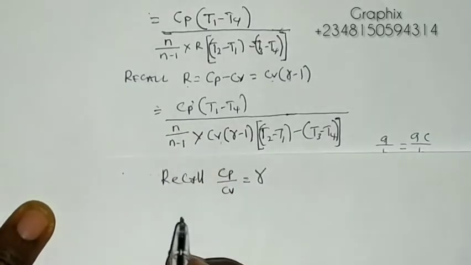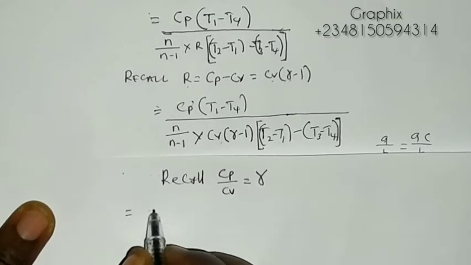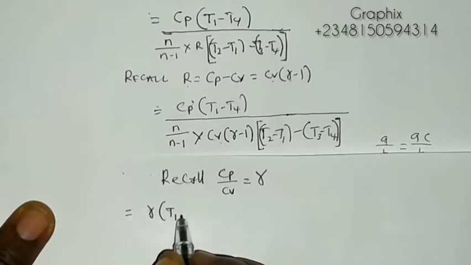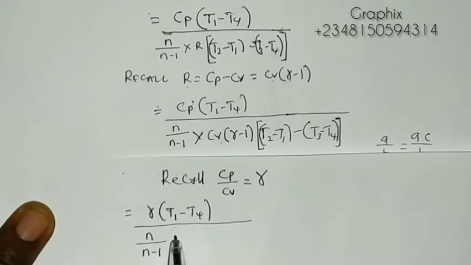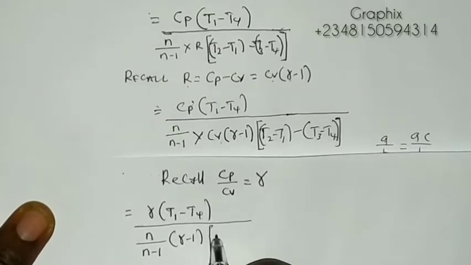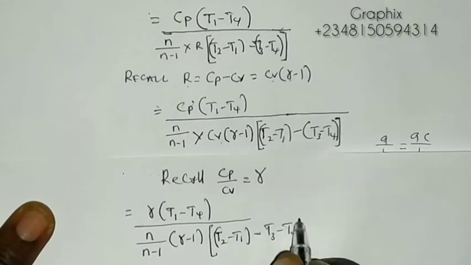So when I write this back, I'll have gamma into brackets T1 minus T4, all over n minus 1 multiplied by gamma minus 1, open bracket T2 minus T1 minus T3 minus T4.